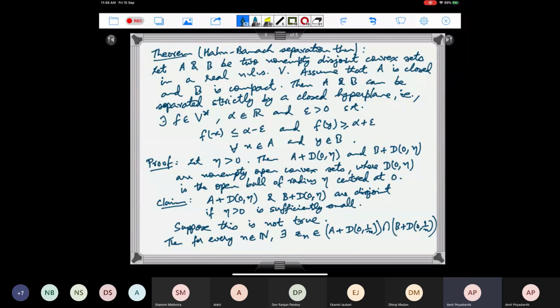But here we want neighborhoods of the form A plus an open ball and B plus that open ball. That is why I have done it like this, because here we have a normed linear space, whereas in general one can only separate them by disjoint open sets.